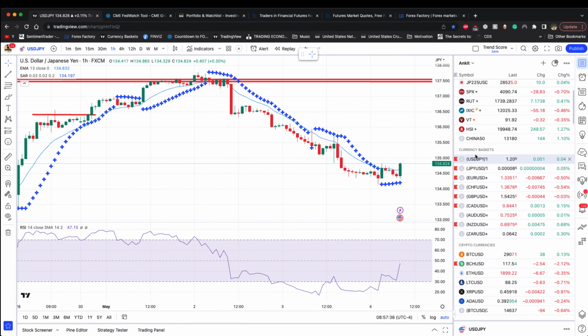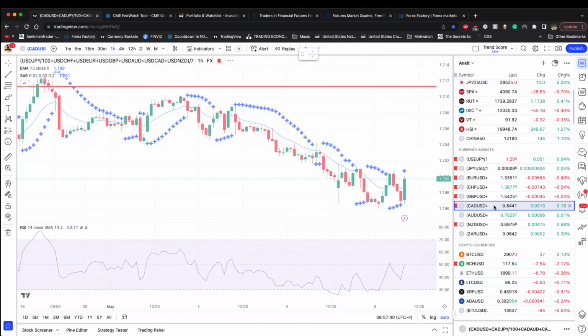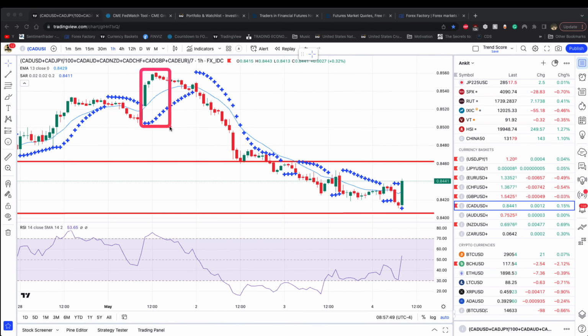So again, I think that's a trade for today. A bit of dollar to the upside, or even CAD to the upside. CAD looks much better here, although it's in a very weak state. But at the same time, remember, we want to get behind a move that maybe just could last for a day. But if we can get a good move, 0.5% or even more, that's not bad.